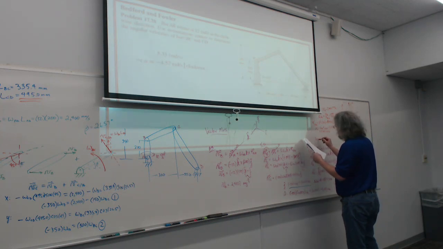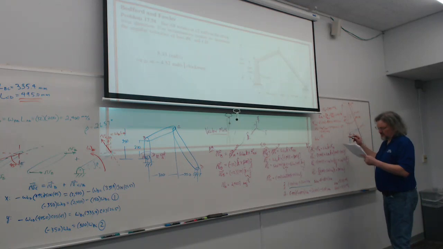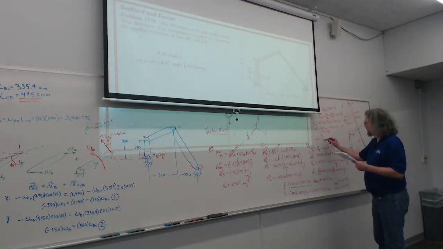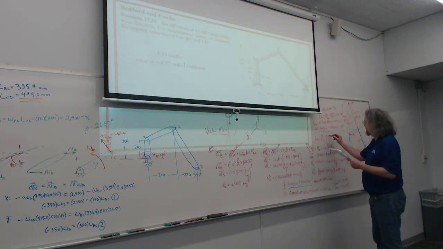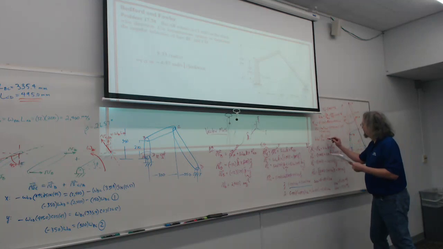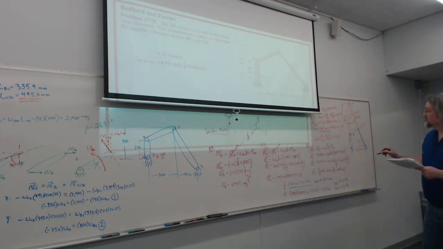If you wanted omega CD, take that VC and divide it by the length of CD. So 2,263 divided by 495.0, and we get 4.572 radians per second.